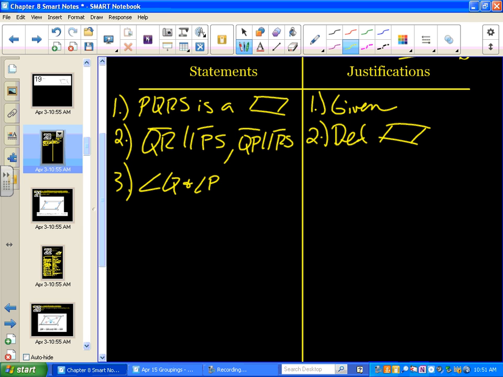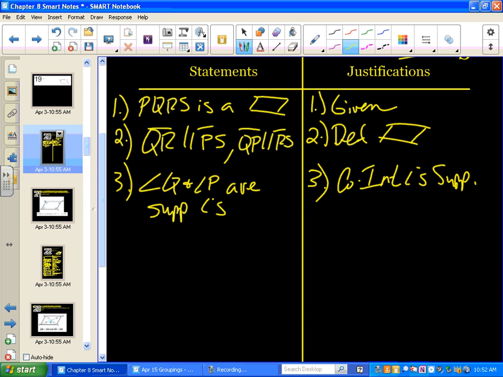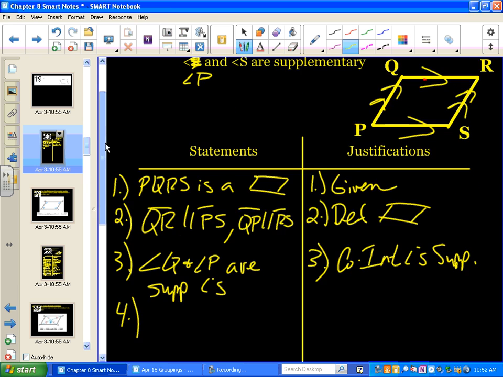Co-interior angles. Thank you. Claire, where's your name? Claire. Claire, what is the justification? Good. Co-interior angle supplementary. Okay, Q and P are supplementary.